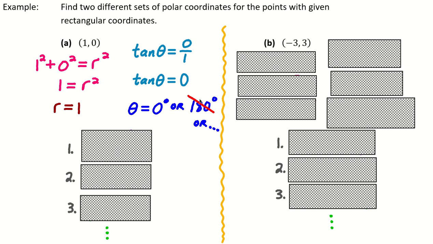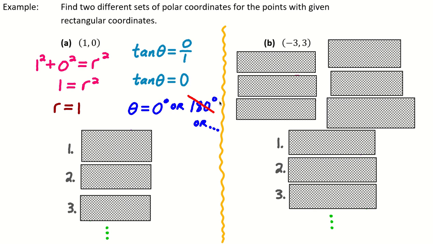There's an infinite number of theta values, angles, that if you take the tangent of it, you get 0. Now on the first go around, between 0 and 360, one revolution around the circle of angles, there's probably only 2.